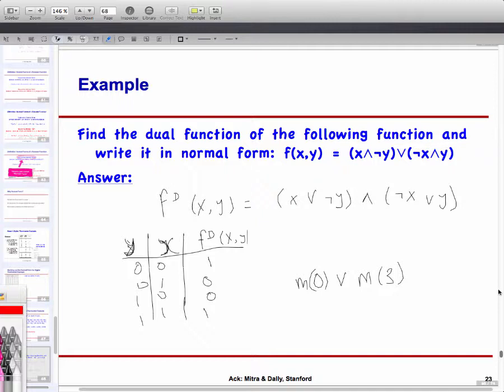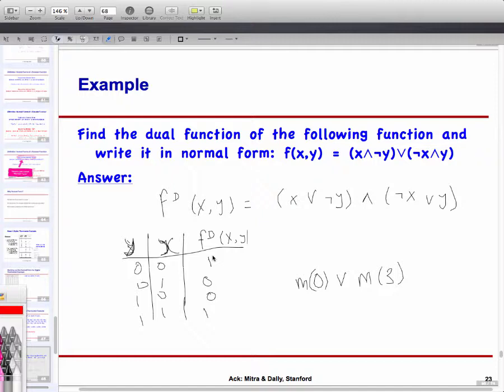A side question. This truth table, what function does it remind you of? It's a not XOR. Okay, good.